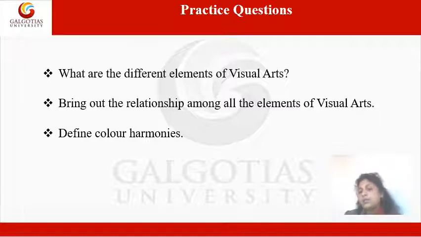See, these two questions are on the basis of your theory. Third is the critical aspect. Definitely, definition of the harmonies you can take from this current lecture, but you have to create some color also. I want to know whether your color combination is okay or not.